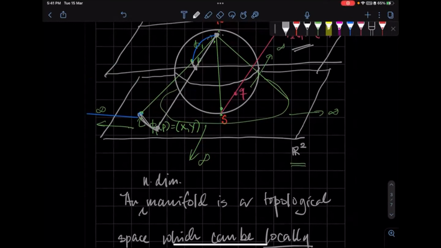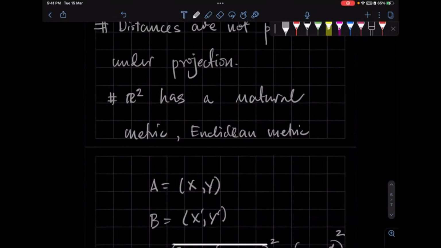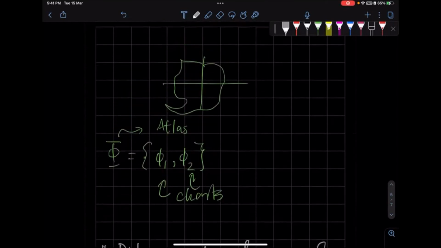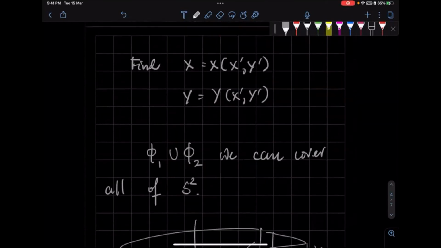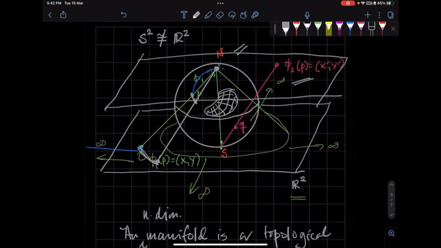So basically, if you want to measure some volume, say the area of this part of S2, but you want to calculate it in terms of the projected stuff down here, you have to use a different metric.